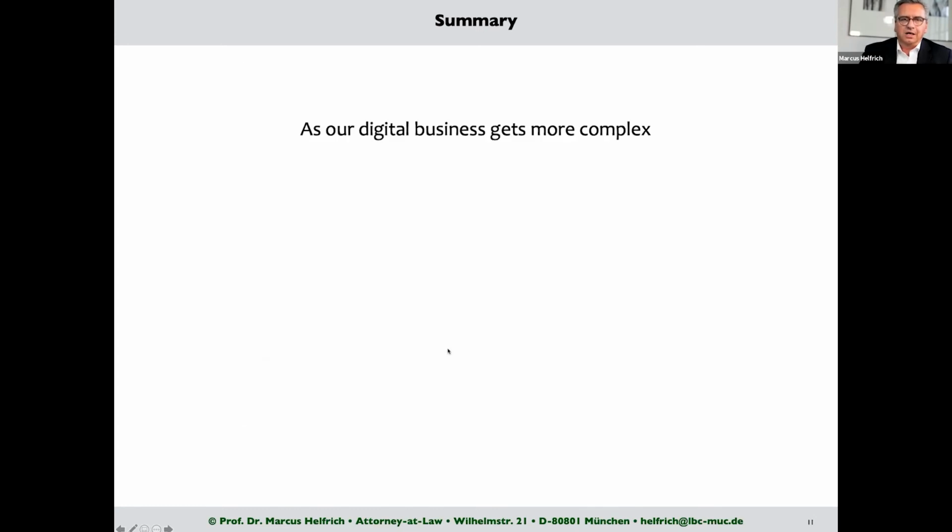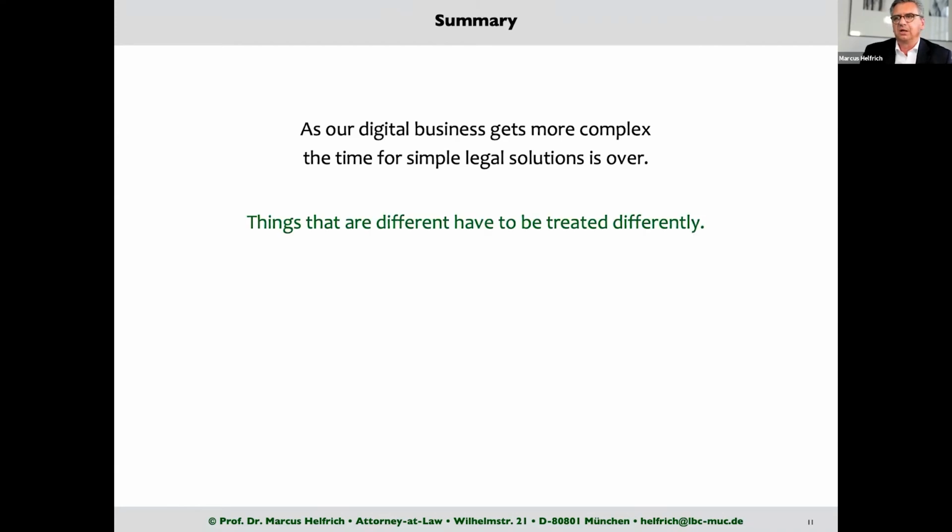So one might summarize that in some buzzwords: as our digital business gets more complex, the time for simple legal solutions seems to be over. I'm deeply convinced that in future we have to think a little bit more around the corner, a little bit more in detail, a little bit more carefully and seriously about the problems we have to solve.